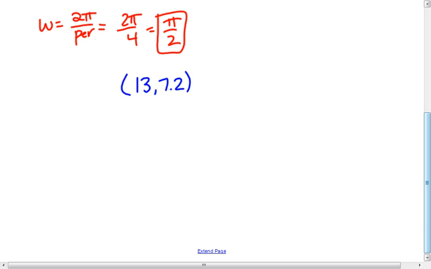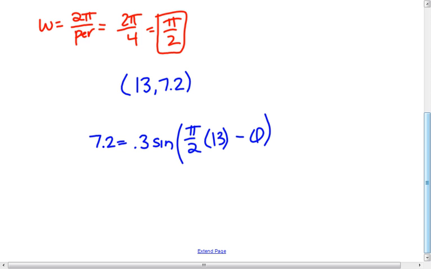I'm plugging everything into that equation. My y value is 7.2. My amplitude was 0.3. My w was pi over 2. That happened where my x value was 13 minus phi plus my midline, which was 7.5. Okay?